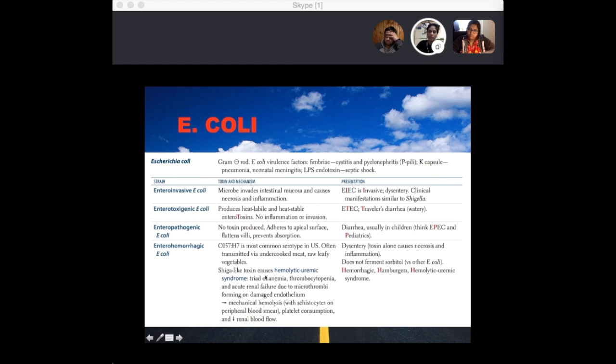This patient is usually going to be a child, but it doesn't exclude adults, and it has a triad of anemia, thrombocytopenia, and acute renal failure due to microthrombi forming on damaged endothelium. Essentially, the Shiga-like toxin damages endothelial cells of the capillaries and the glomerulus, and the damage of the endothelium causes thrombogenesis, causing platelet aggregation.